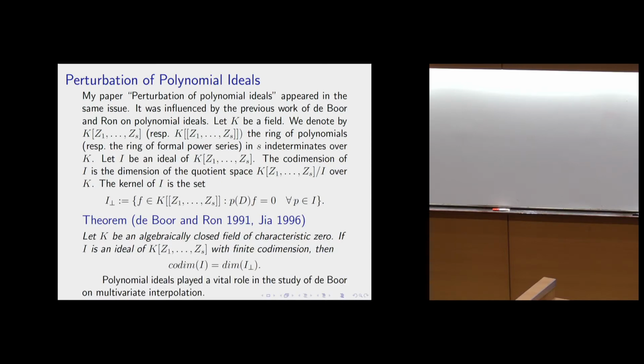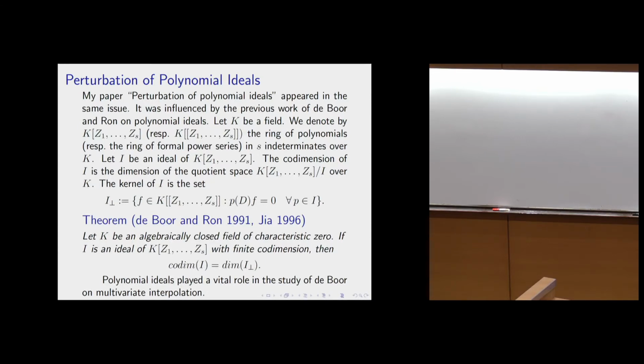But I learned from them, and still I think there are some interesting problems we even cannot answer today. If we really can do well in perturbation of polynomial ideals, you can solve many problems. But this is still a difficult problem, okay?